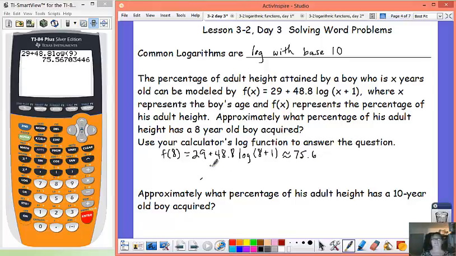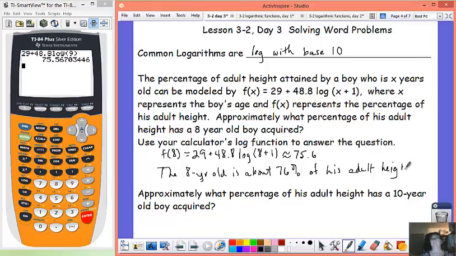And this function is telling us what percentage of his adult height that 8-year-old has acquired. So the 8-year-old is about 76% of his adult height. For me, that was quite small if I had been a boy. I'm sure the girl formula is close to that too.